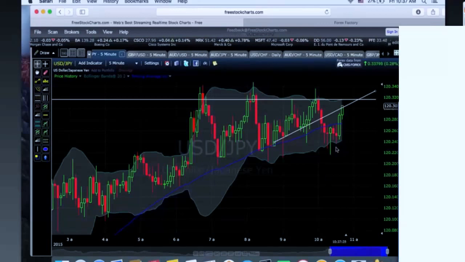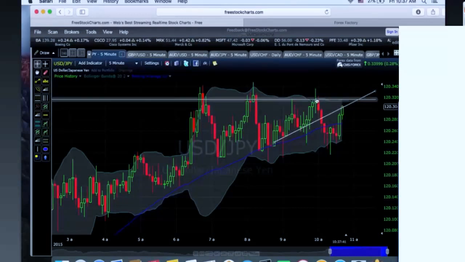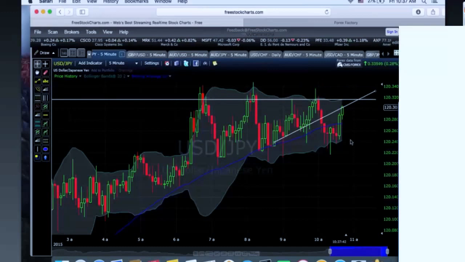On a side note, I think this trend line will hold it too, but let's see. The 320 is obviously much stronger. You can't go wrong unless some fundamental comes and blasts it. So let's maybe write it down. I'll write it down.